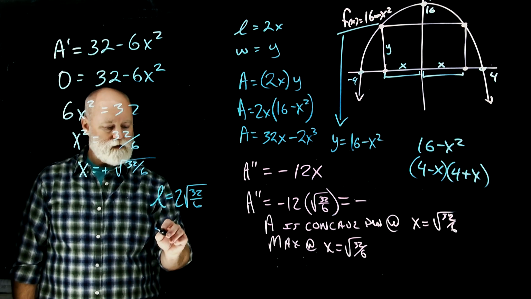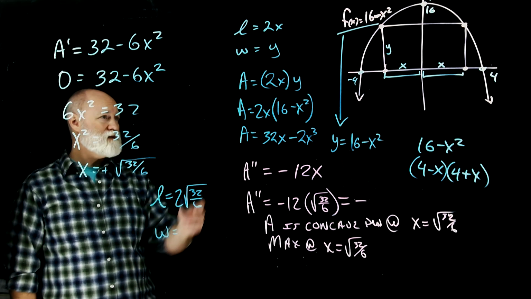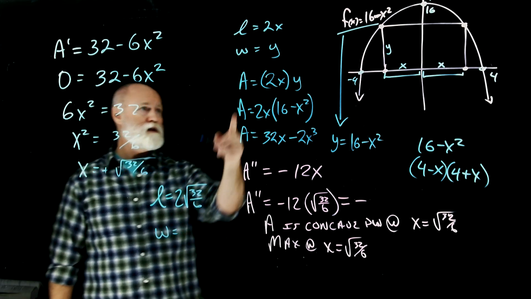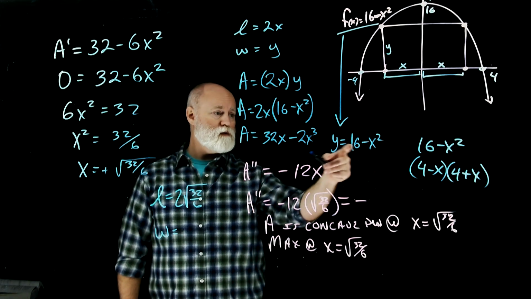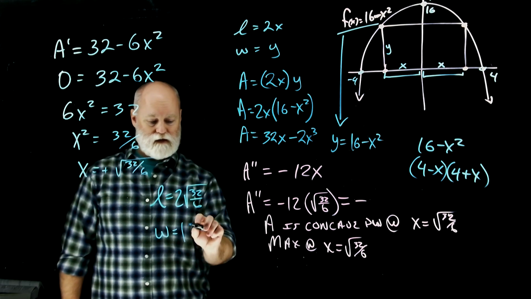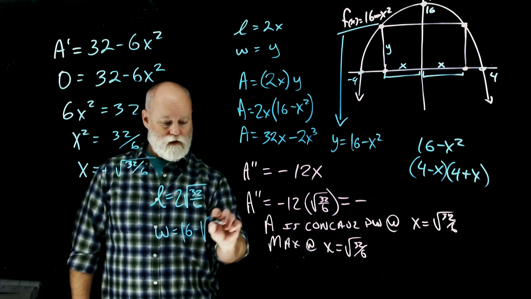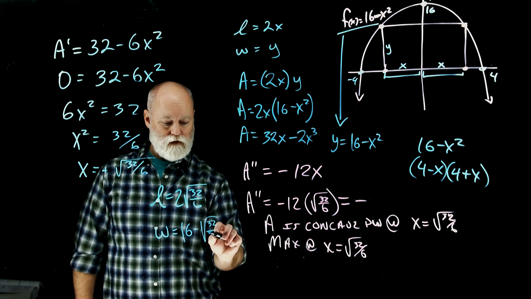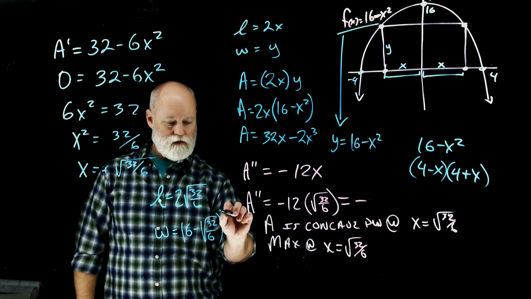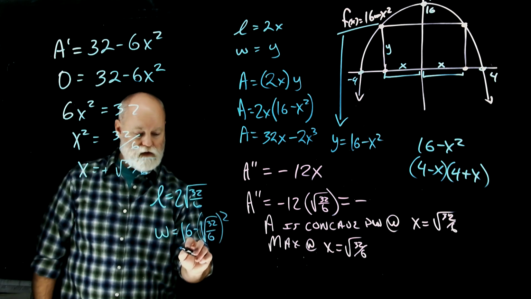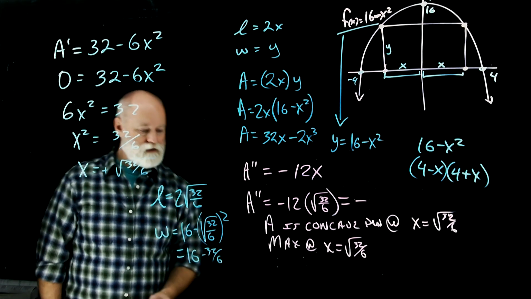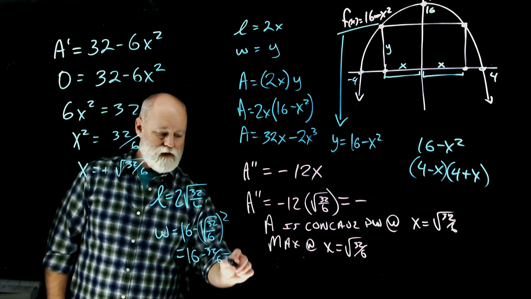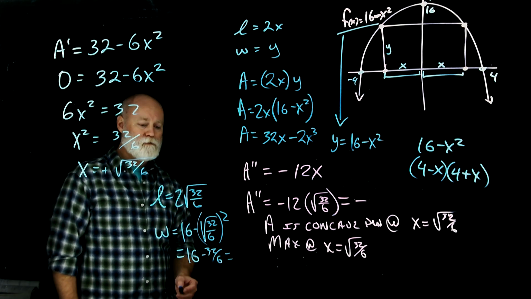And then the other piece, the w, well, that was equal to y. So what we do is we take 32 over 6 and we plug it into our function here. So that's 16 minus the square root of 32 over 6 squared. So that is 16 minus 32 over 6, and whatever that works out to be, okay?